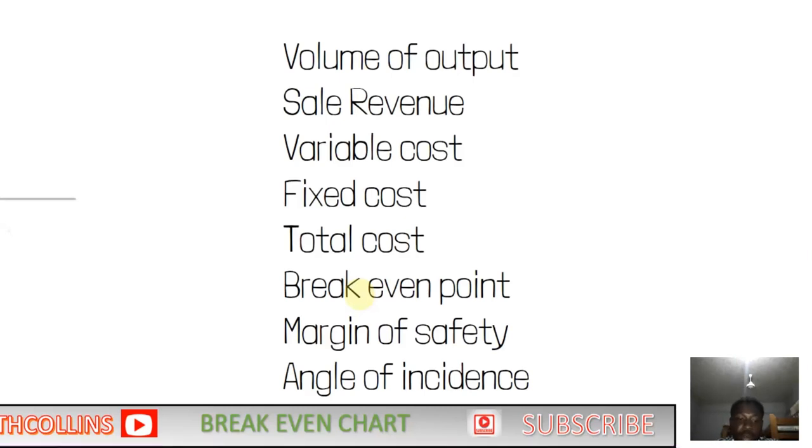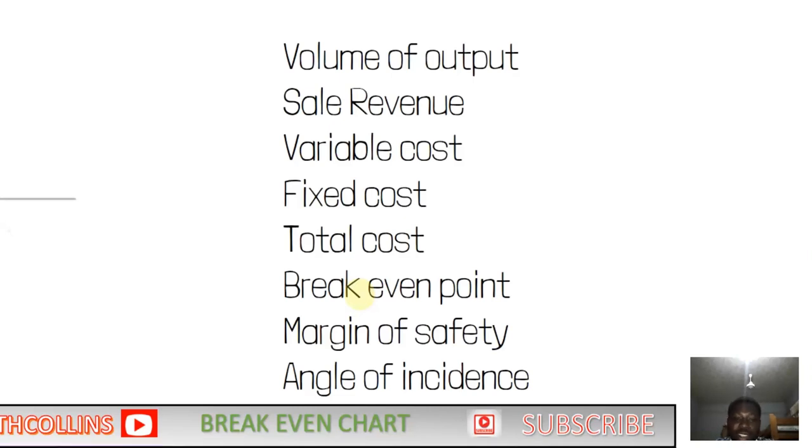So let me use this example. As I said with the pure water, assuming after selling 100 bags of sachet water, I decide to stop production, and that is my break-even. It means that there is no loss, there is no profit. But if I proceed to produce 150, then it means I would have some profit, because exactly at 100 bags of sachet water I broke even.